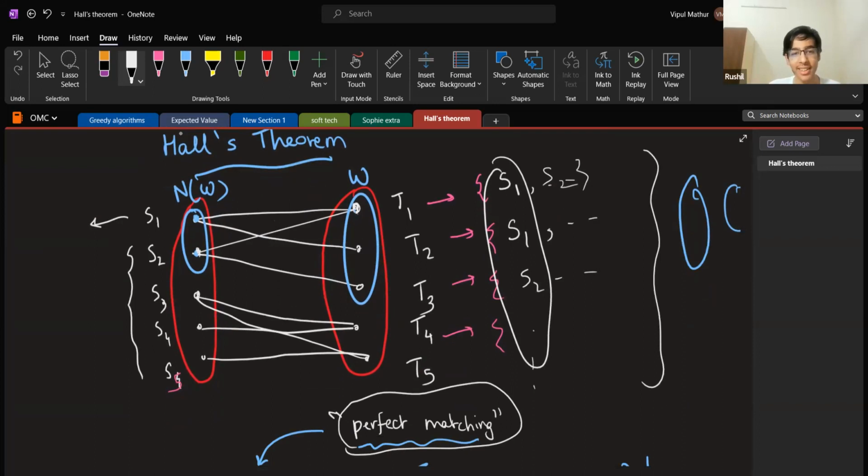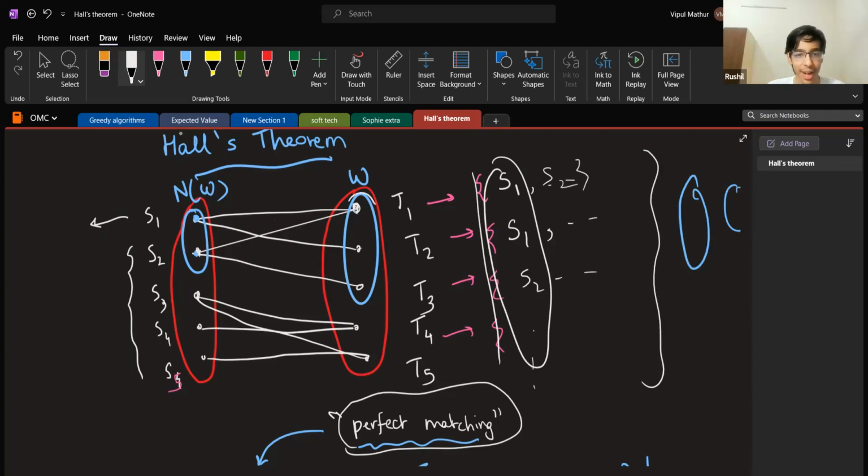The answer is obviously not always yes, because just imagine the teachers didn't like anyone, then you can't do anything. In fact, even if the teachers liked someone, it's very possible that all the teachers just like the same student and nobody else, so you won't be able to pair the other students. And then we saw that, even if each student is liked by someone, and each teacher likes someone, even then we can have issues.